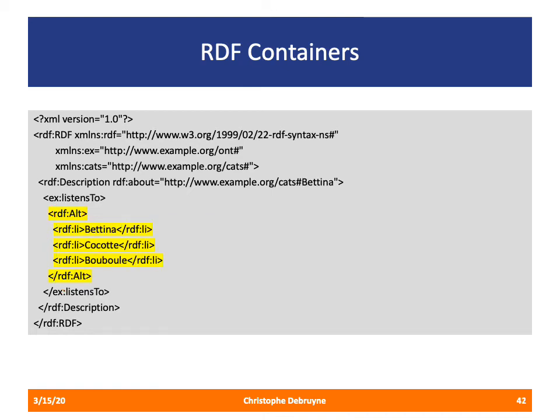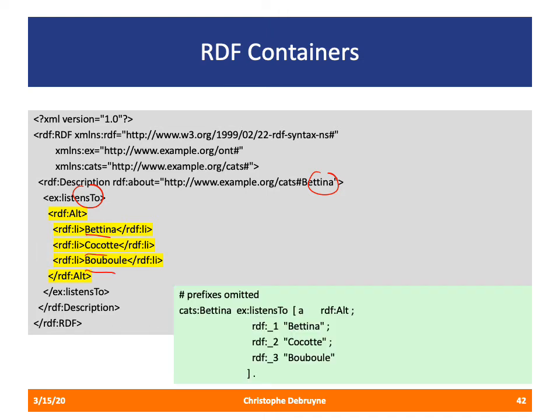A little bit more challenging is alternative. Now I will be describing my cat Bettina, and Bettina listens to alternatives. So depending on that predicate, you have a value to choose from a set of alternatives. So Bettina listens to Bettina, Cocotte, or Bouboule.